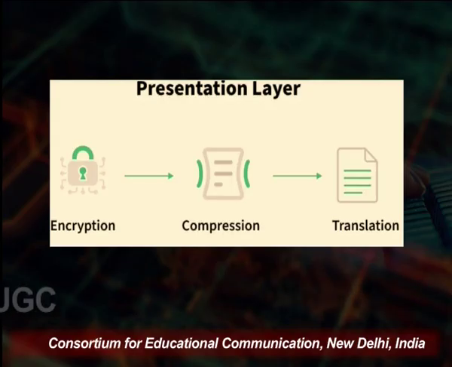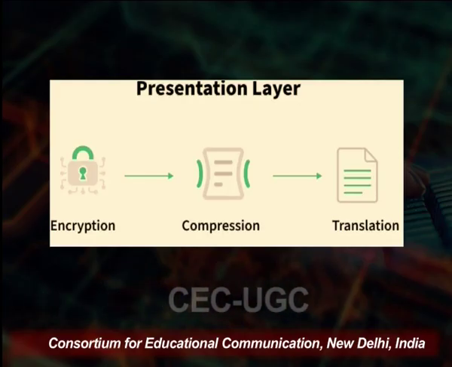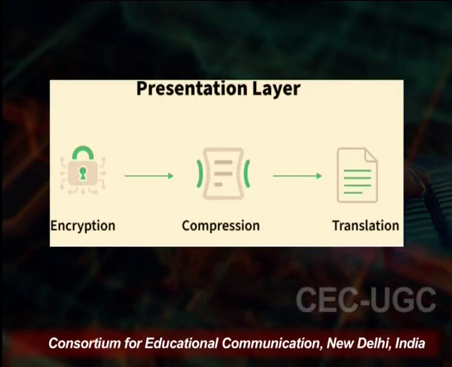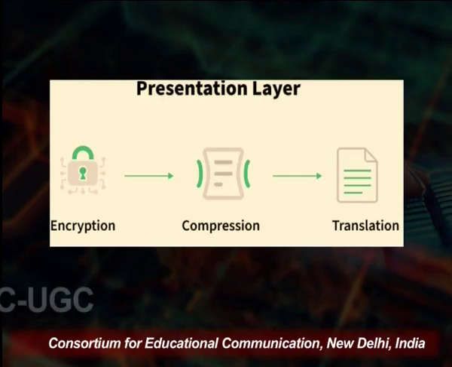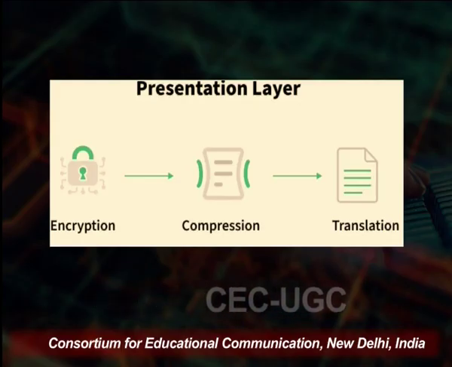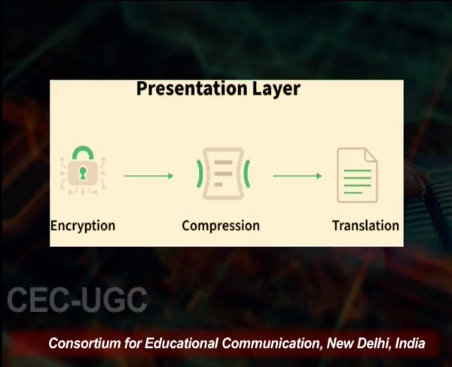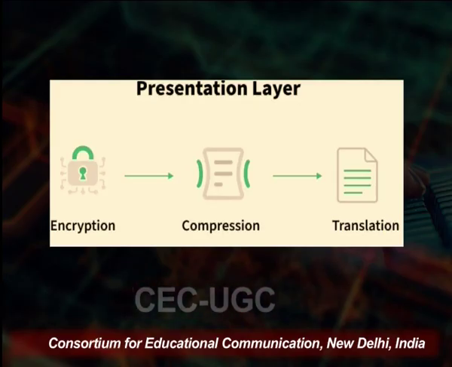So, in our previous lecture we looked into two layers, the physical layer and the data link layer. Today we have looked into the network layer, the transport layer, the session layer and the presentation layer. Now, we are left with the topmost layer, which is known as the application layer.